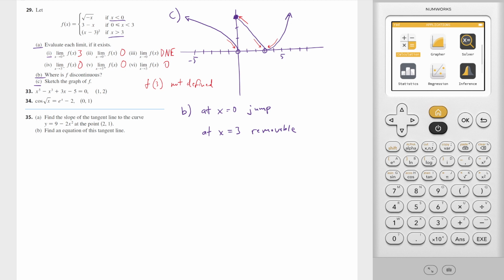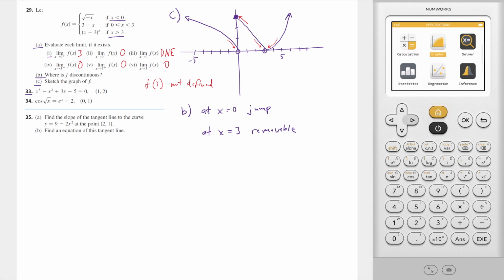Okay, let's go on to number 33. Number 33 is the next one that I assigned you. And by the way, one other thing about 29, if you're not sure what these functions look like, you can always graph them in your calculator.